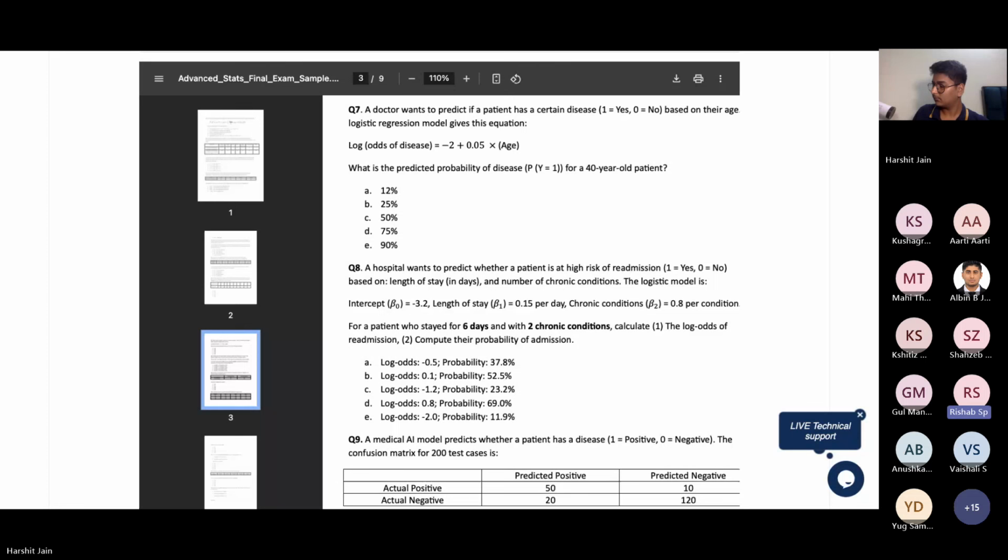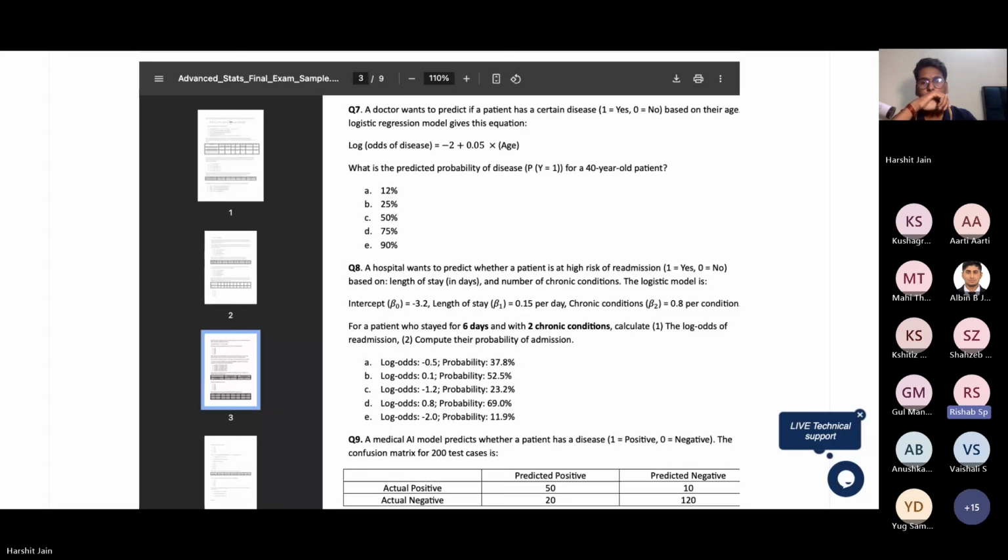Calculate the log odds of readmission. So for finding log odds, we need probability, and for finding probability, we need to use the logistic regression. After that, we'll get the log odds. So I'll do this once more.